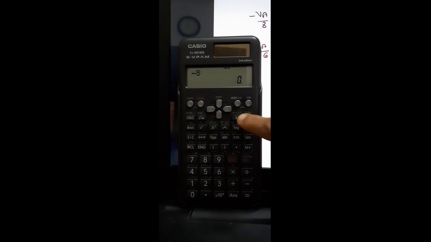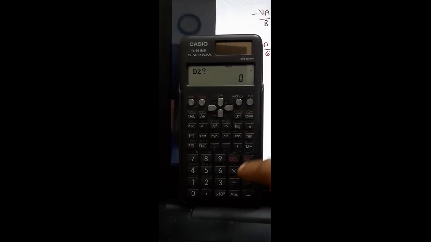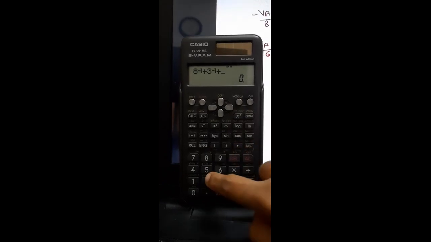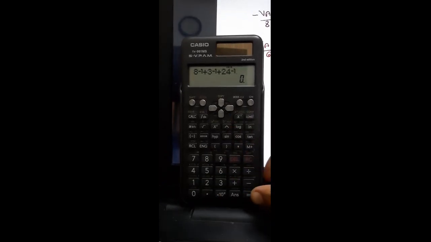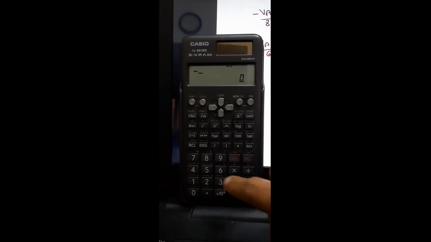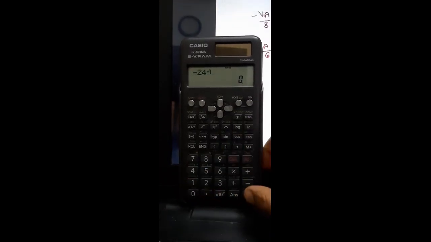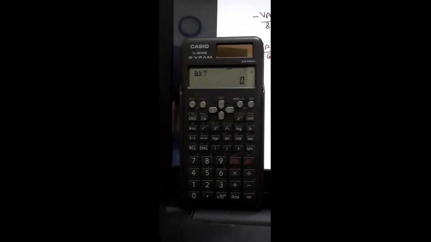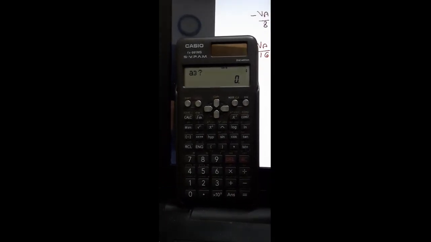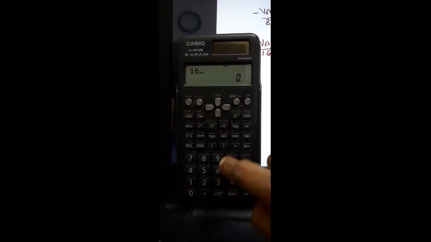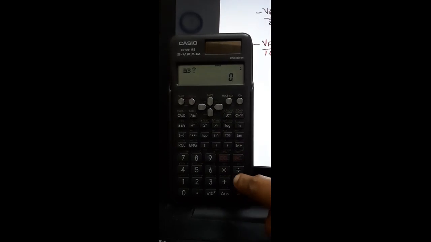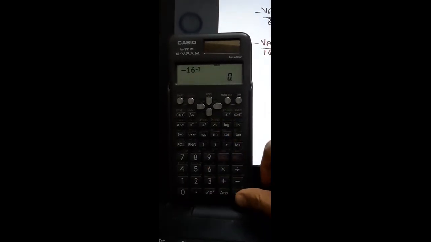Coming to the second equation. A2 is minus 8 inverse. B2 is 8 inverse plus 3 inverse plus 24 inverse. C2 is minus 24 inverse, equals 0. Again, do not forget to press equals every time. Then A3 is minus 16 inverse.